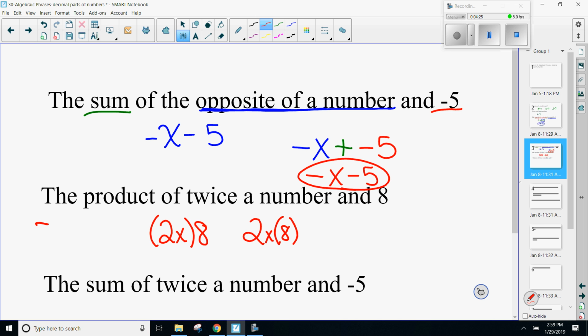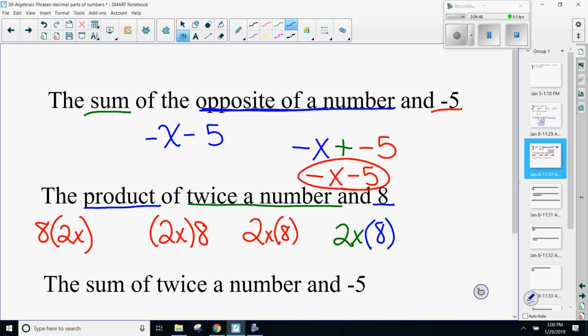You could say it is 8 times 2x. Twice a number is shown as 2x. Product means multiply by 8. The product of 2x, or twice a number, and 8.